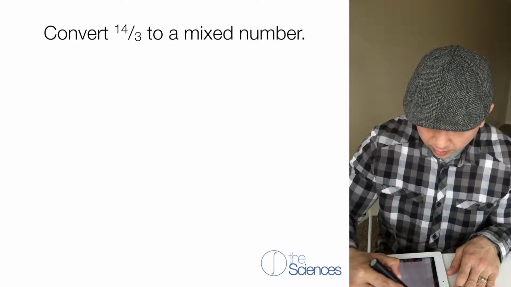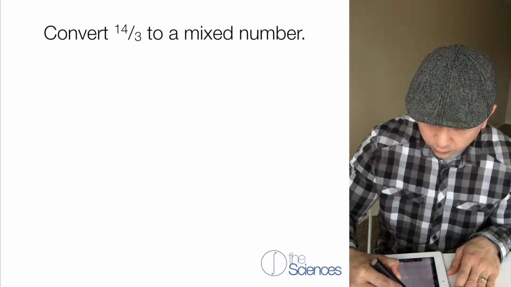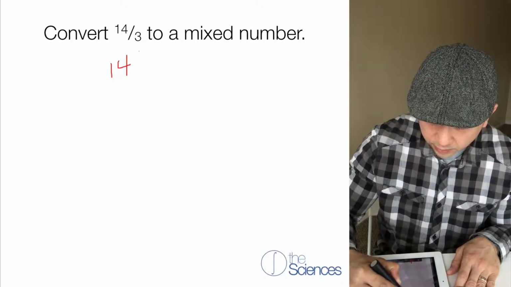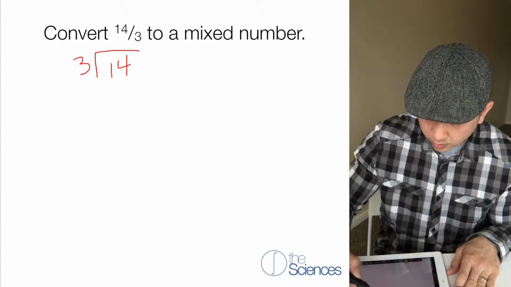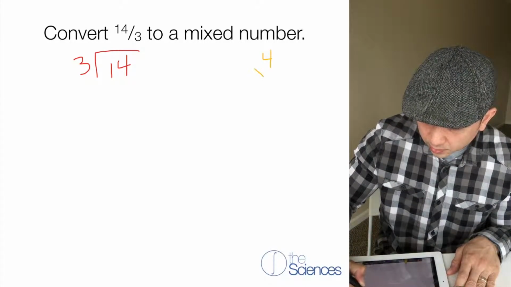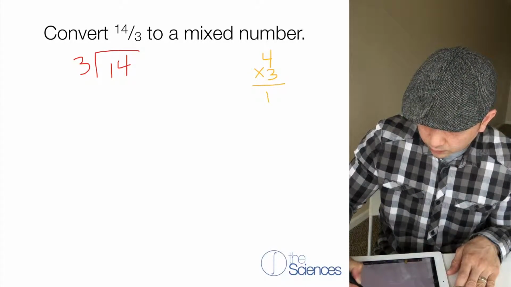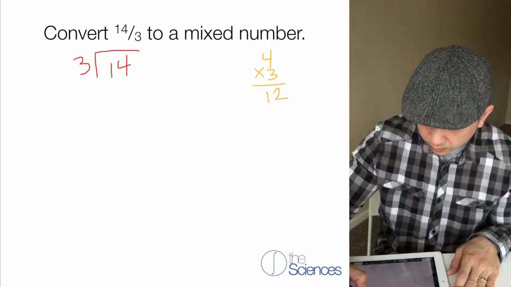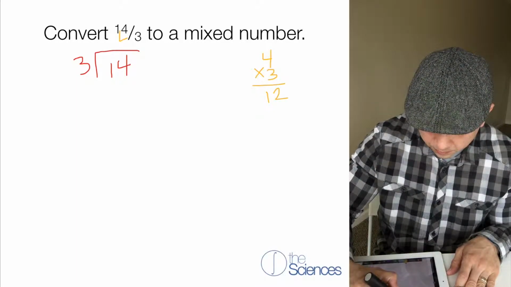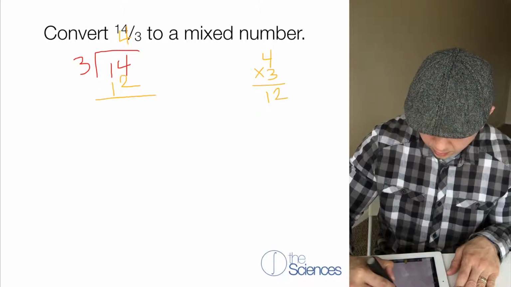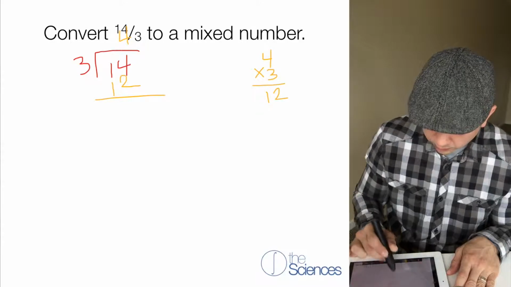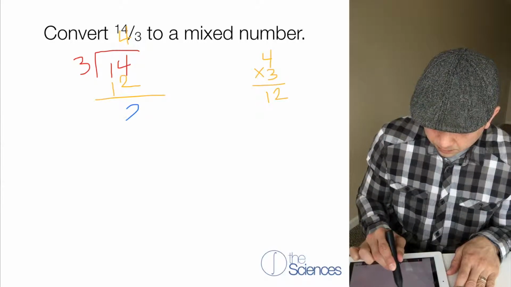So we're going to divide 14 divided by 3. Well, we know that 4 times 3 is 12. So we can write 4, and 12. 14 minus 12 is 2.